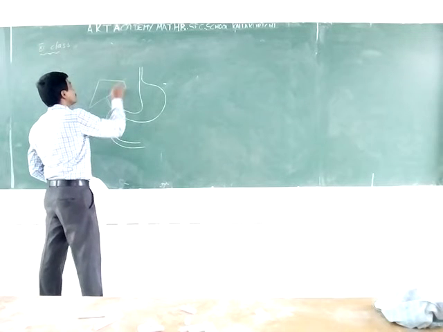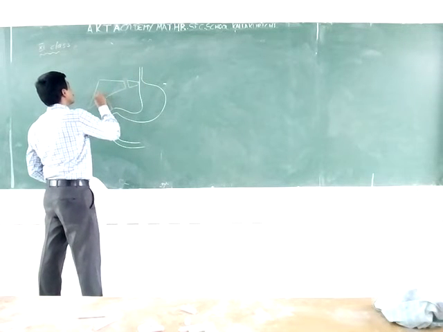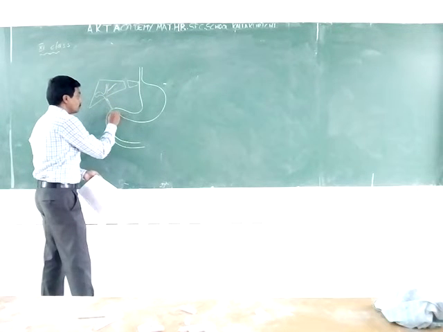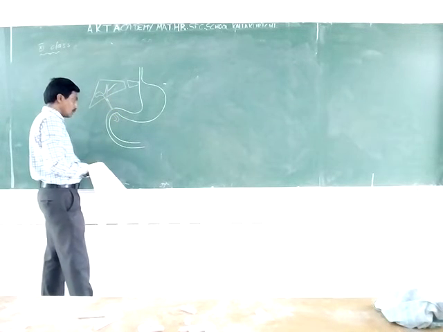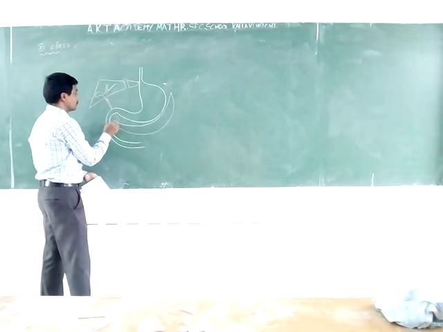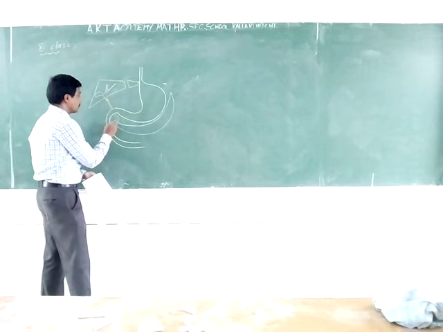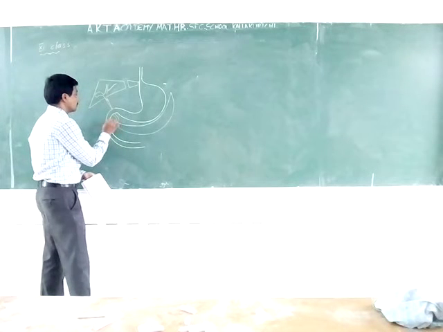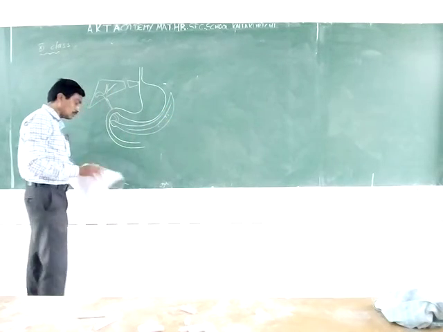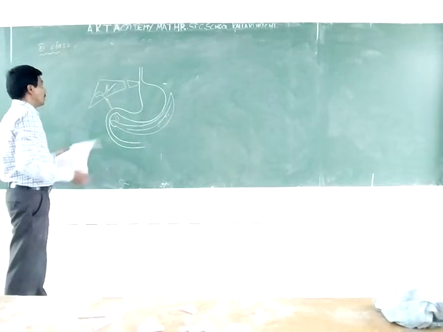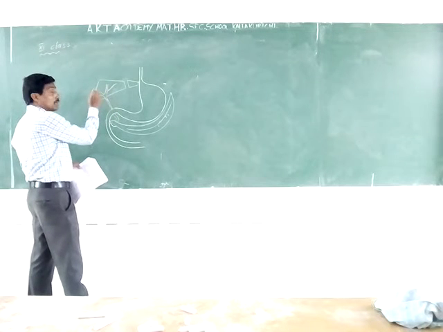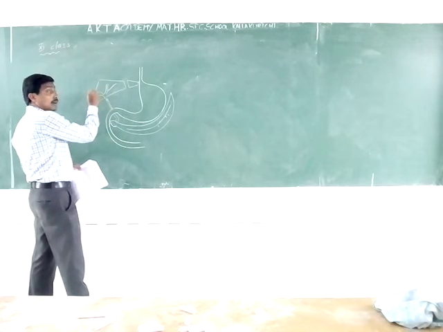Here is the liver. Bile juice is stored in the gallbladder.